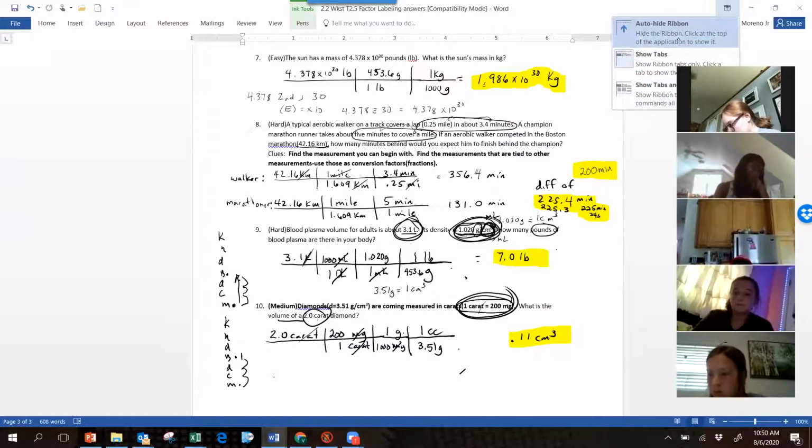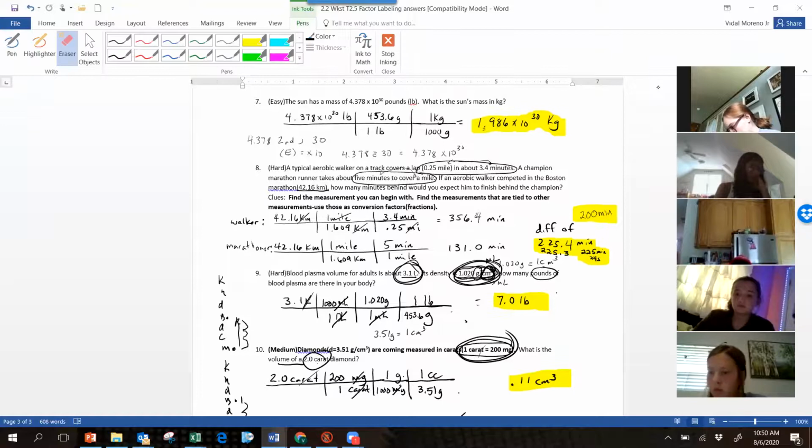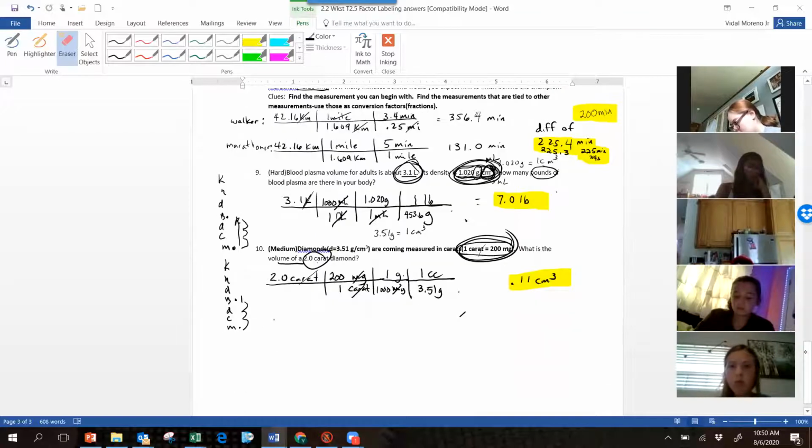If you look on the back of your periodic table, you will see that there isn't a conversion for mass to volume. There's mass to mass, there's volume to volume, but there isn't a conversion of mass to volume. As we will see when we study density here in a couple of days, density is so valuable to us because it gives us a conversion of mass to volume.